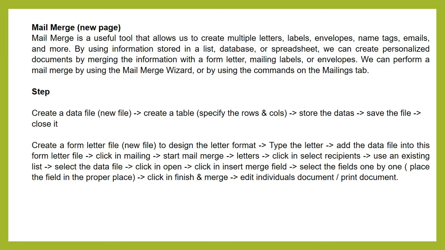Okay, so here one form letter you have to prepare, and mailing labels are also there, and we are also able to create the envelope. So we can perform a mail merge by using the mail merge wizard option. You can go through the help of the mail merge wizard where lots of options are there.